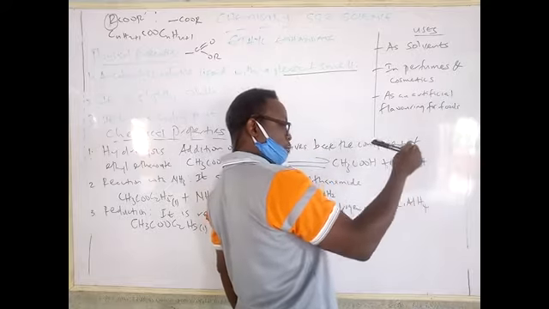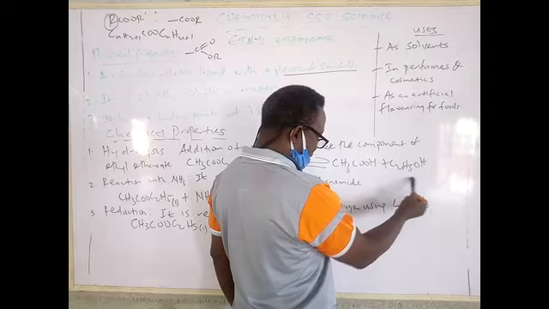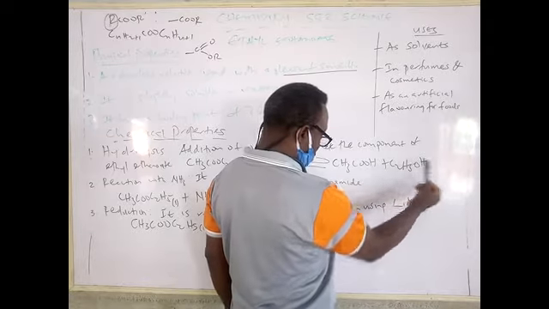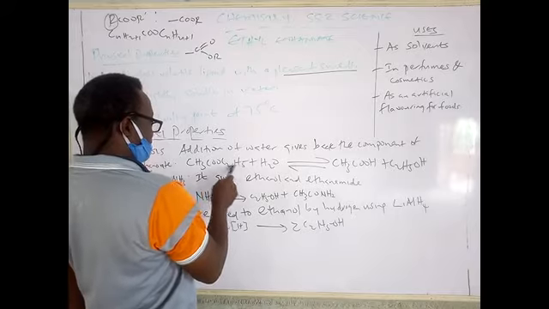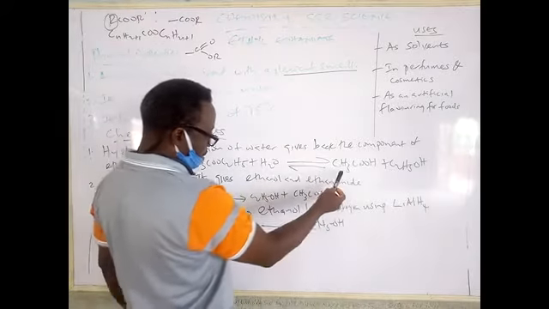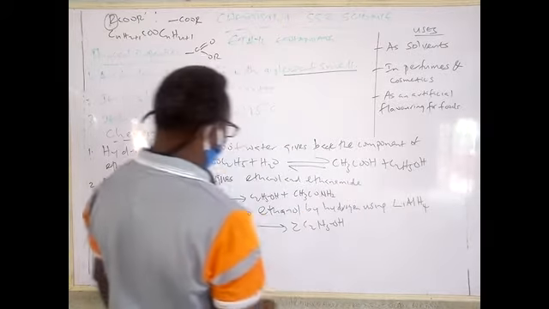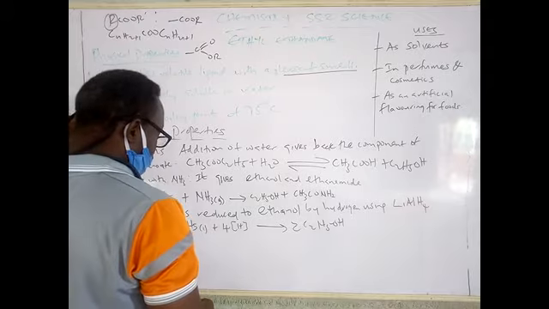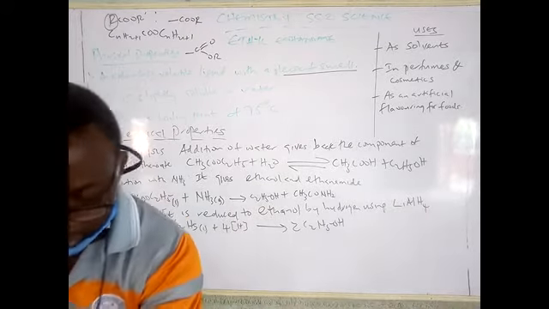You ask yourself again, which alkane has 2 carbon atoms? That's ethane. So you have ethyl and alcohol, ethanol. So when you react ethyl ethanoate with water, you will get back the component elements, which are ethanoic acid and ethanol.